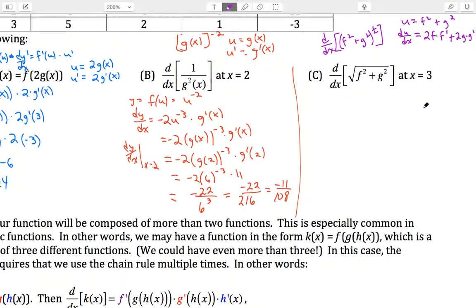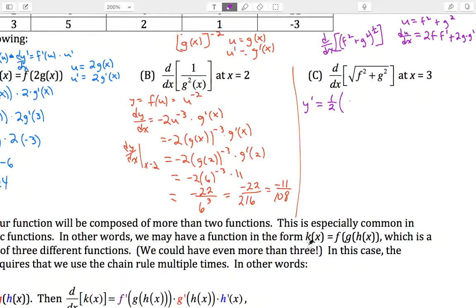Now we just have to put it all together. y prime, dy dx, is going to be the derivative of the outside, which is the 1/2, f squared plus g squared.